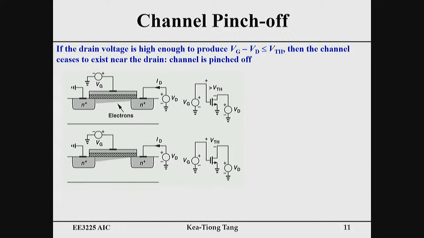At the drain side, we still can see the channel. But if we keep increasing Vd, we'll reach a point where Vg minus Vd is exactly equal to the threshold voltage, which means that there will be no charge generated right here. So we say that the channel is pinched off.